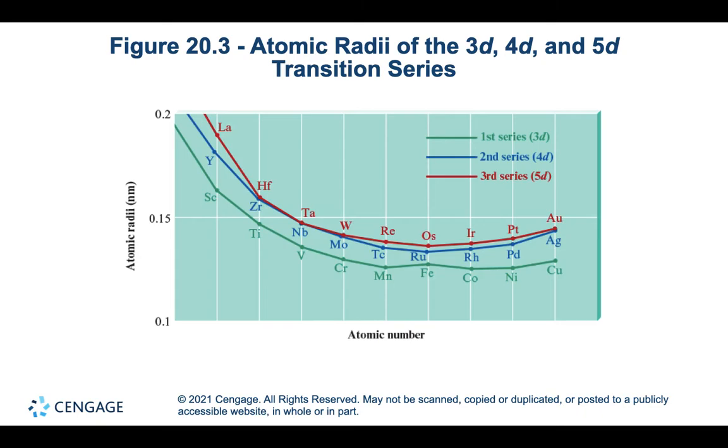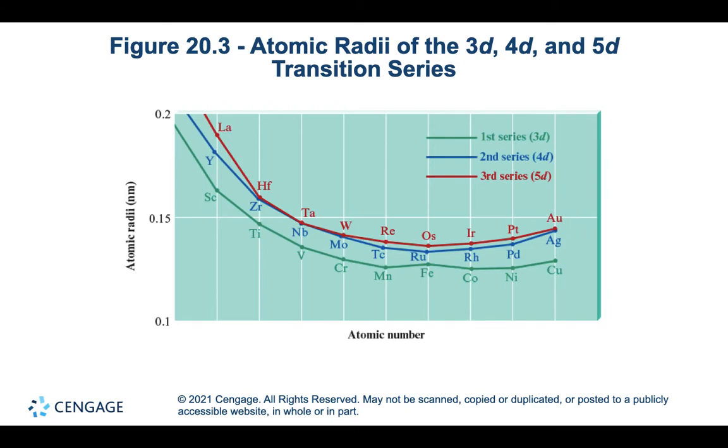And here it is graphically shown. You see that there's a decent gap between the size of the green and the size of the blue, which are your first and second series, your 3d and your 4d. But the red sits almost right on top of the blue. There's very little difference in size between the 5d elements and the 4d elements. Lanthanum through gold are about the same size atoms as yttrium through silver.